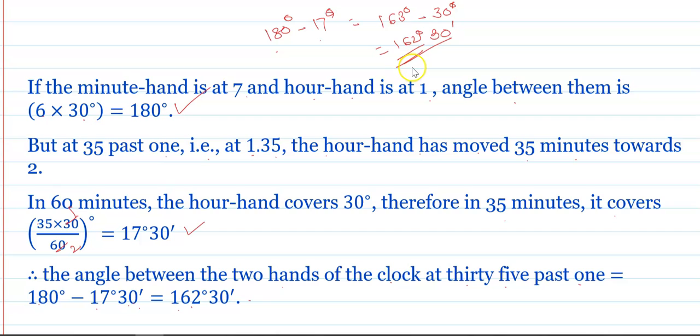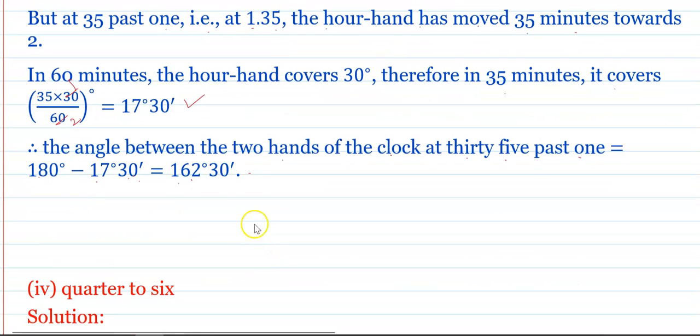And hence the angle between the hour hand and the minute hand is 162 degree and 30 minutes at 35 past 1. Okay, this is the angle between them.